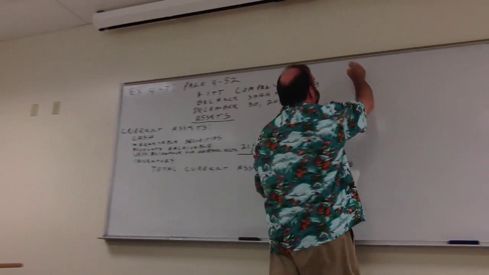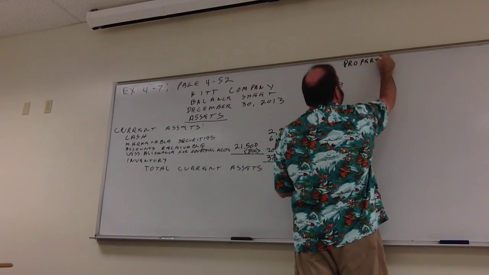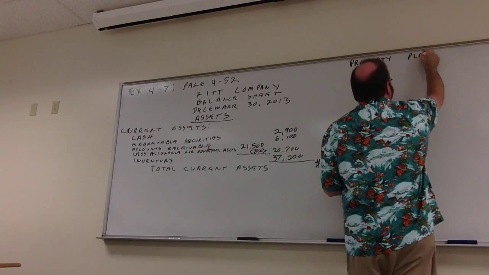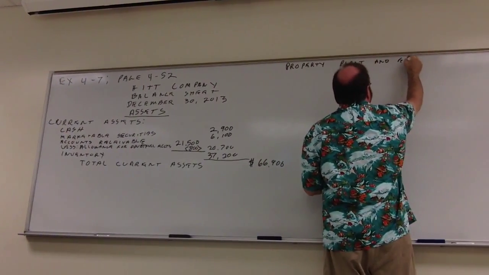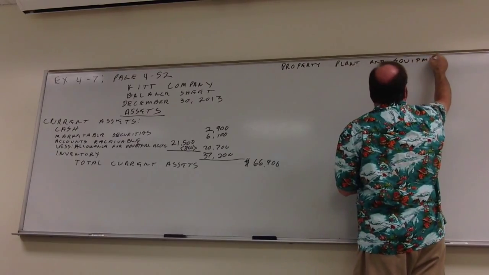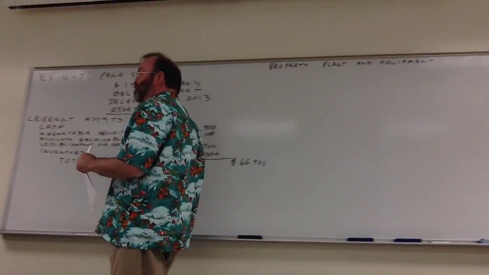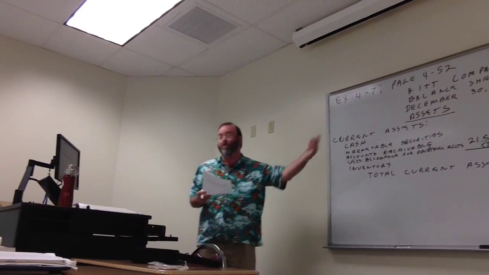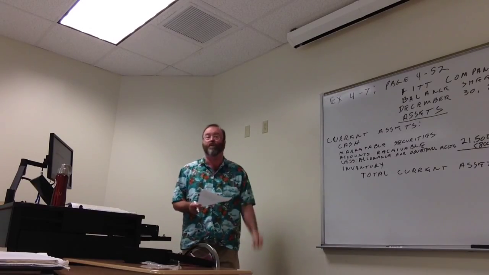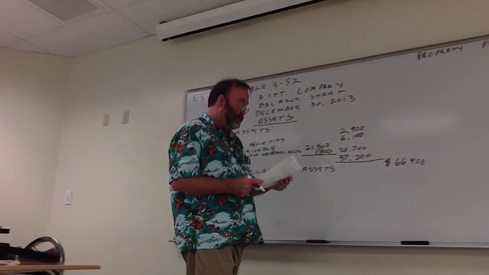Property, plant, and equipment. The only investments this company had was the marketable securities, which were short-term. So they don't have any other long-term investments, which would normally come next in the four possible sections of the classified asset side of the balance sheet.